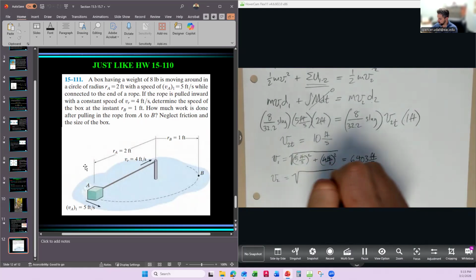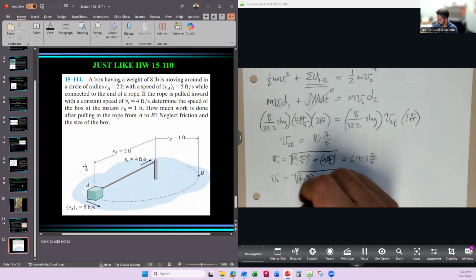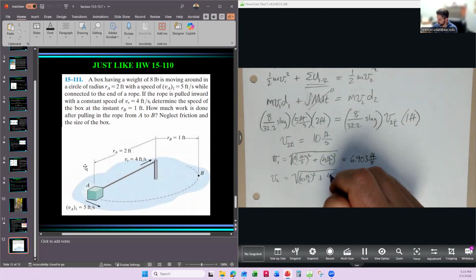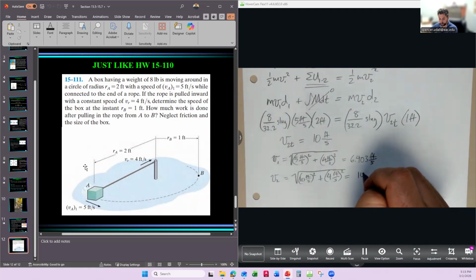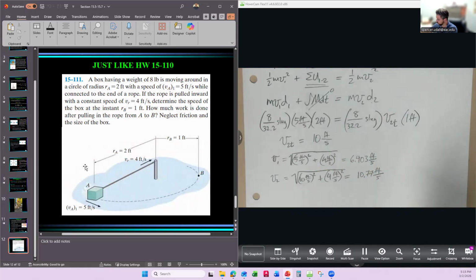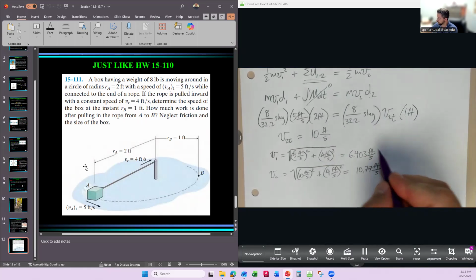V2 was 10 feet per second tangentially, but it also has the 4 feet per second going in the normal direction. So that'll get us 10.77 feet per second. So a little more than just that 10.